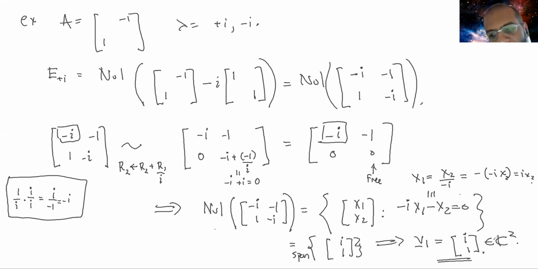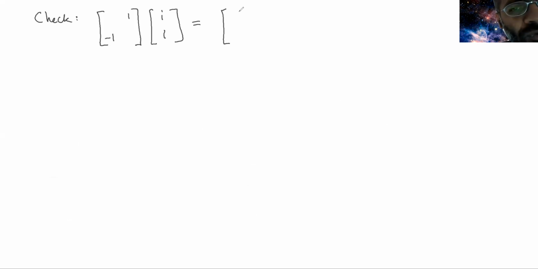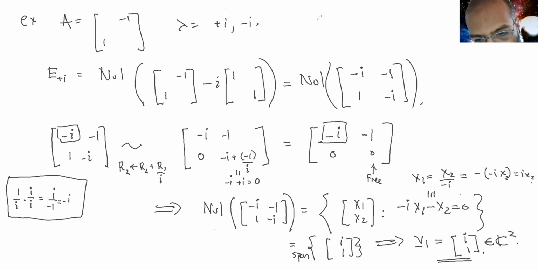And you can indeed check that this works, right? So let's check that it works. This is the vector (1, -i), which is... wait a minute, I got this backwards.